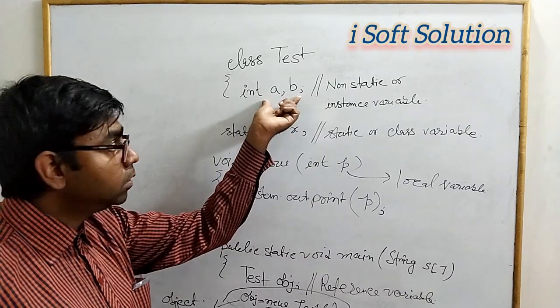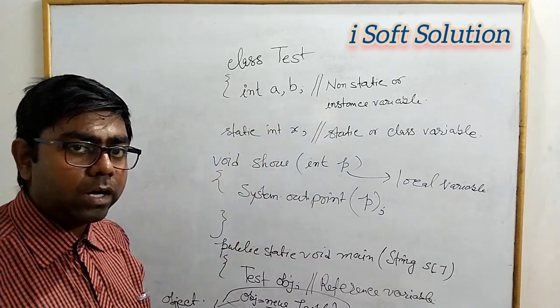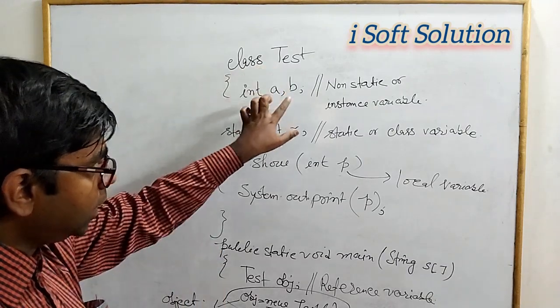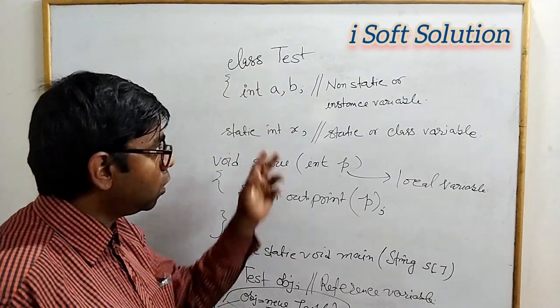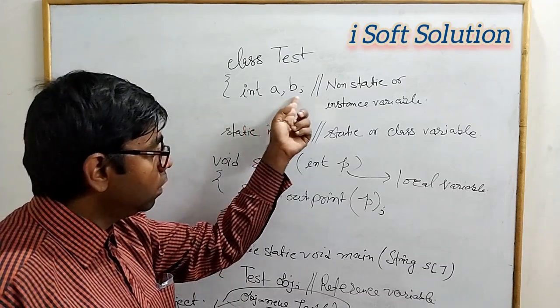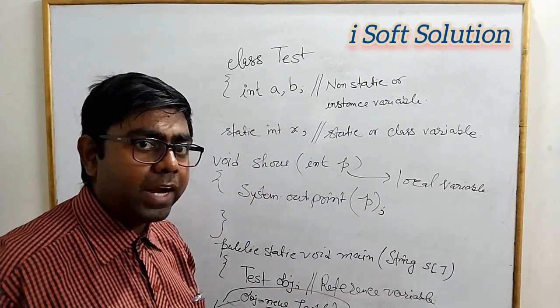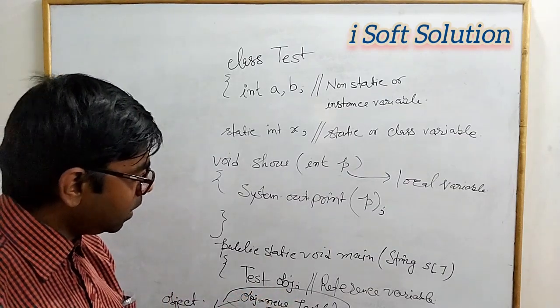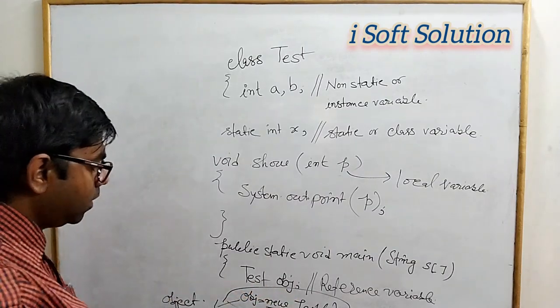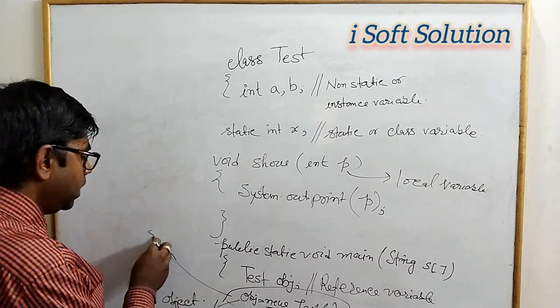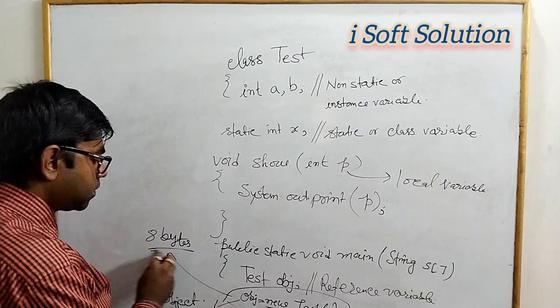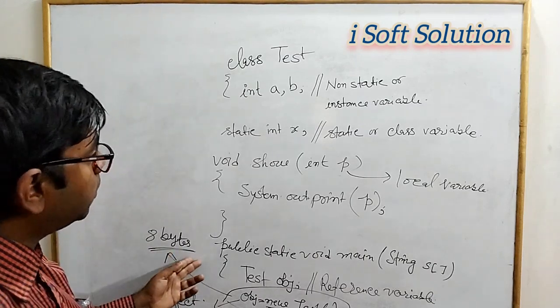In Java, integer type variables allocate 4 byte memory space, and in this program the test class contains 2 integer type variables. So overall the size of these 2 variables is 4 plus 4, that is 8 byte. So if I create an object obj with a new operator, then obj allocates 8 bytes of dynamic memory space.